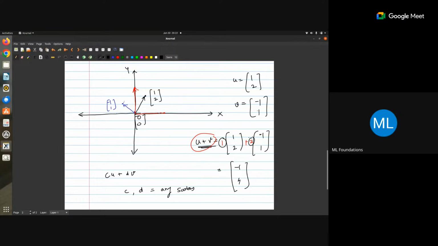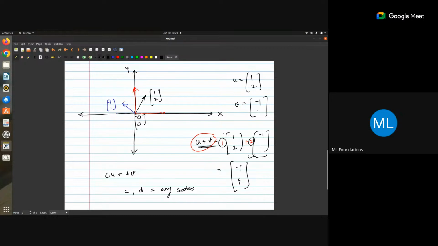We are multiplying the vector by scalars. Let's say we multiplied this vector by 2, what does that mean? We are stretching, scaling that vector. If it is a positive number, we are stretching it. If it is a negative number, we are shrinking it. We are scaling only the magnitude; the direction is the same.